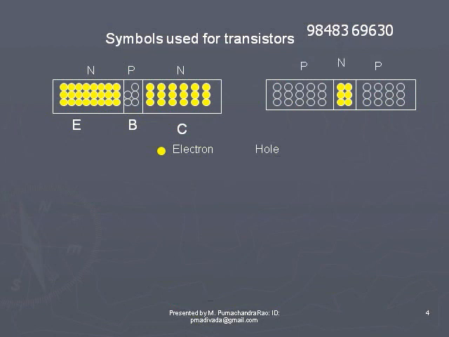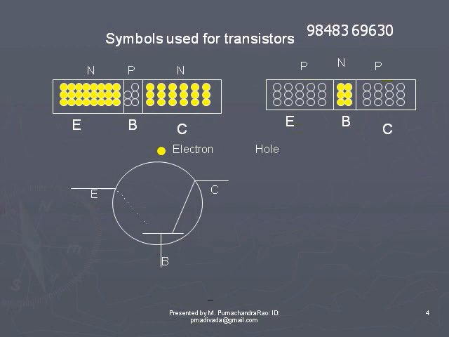So the left part is emitter, the right section is collector, and the middle section is base. Now these are represented as follows. We take a circle. Inside the circle there is one horizontal line, which indicates base. At the right, a horizontal line indicates collector. At the left, the horizontal line indicates emitter.